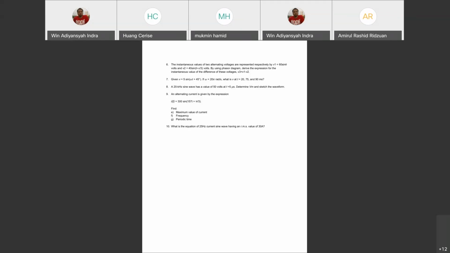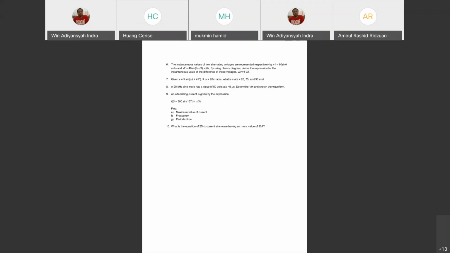The question is: the instantaneous values of two alternating voltages are represented respectively by V1 equals 60 sine theta volt, and V2 equals 40 sine theta minus pi over 3 volt. By using a phasor diagram, derive the expression for the instantaneous value of the difference of these voltages, V3, V1 minus V2.